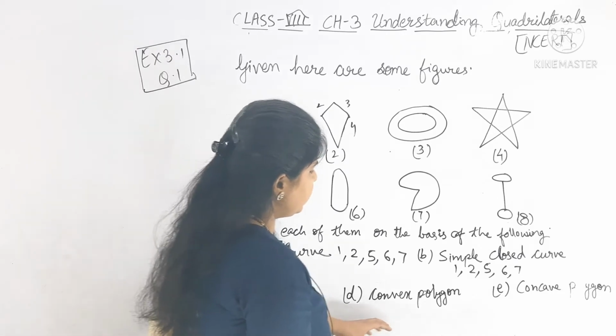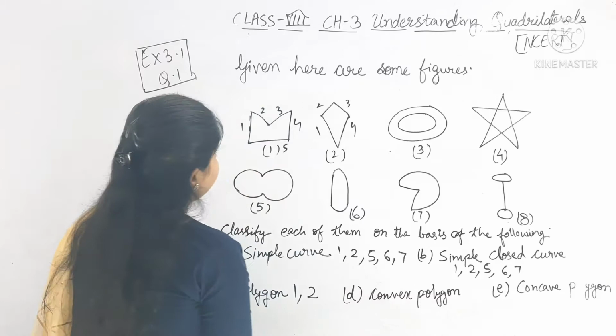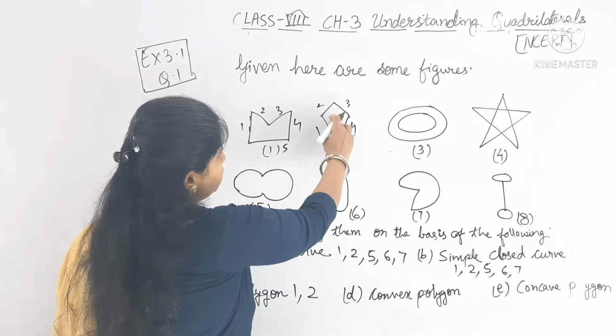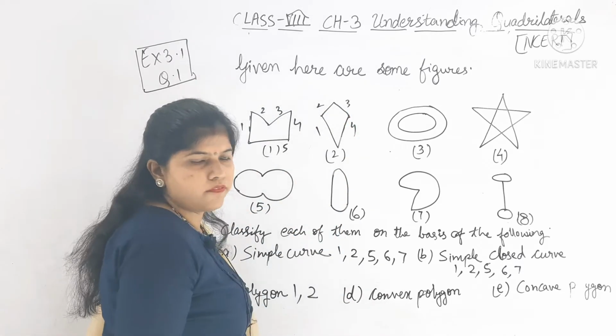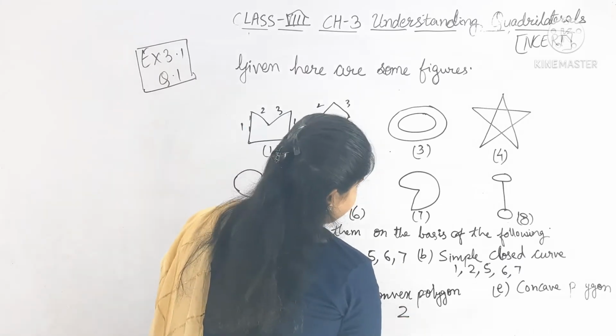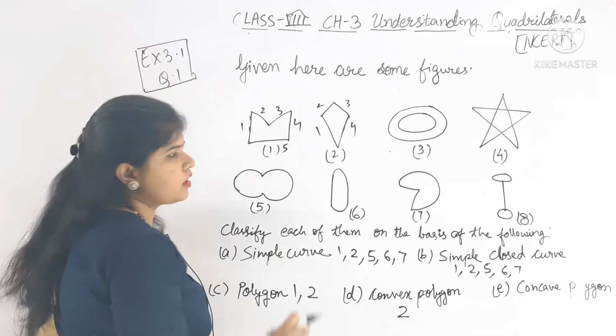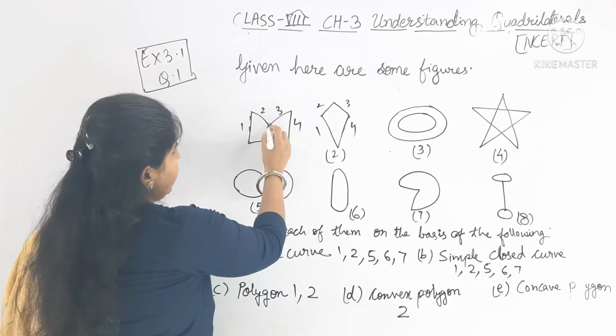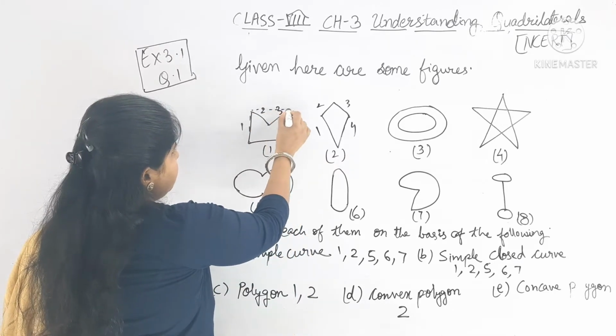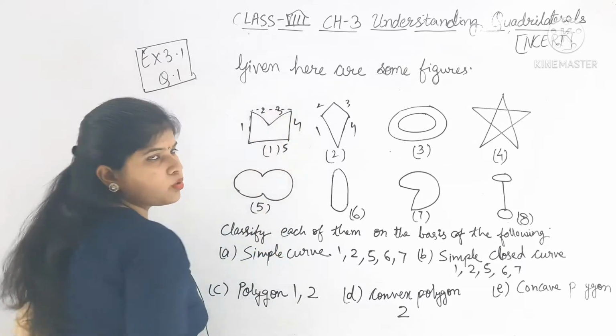Part D is convex polygon. A convex polygon is a simple closed curve. This is a convex polygon, number 2. A concave polygon has a diagonal in the exterior. This is the diagonal which is exterior to the closed curve.